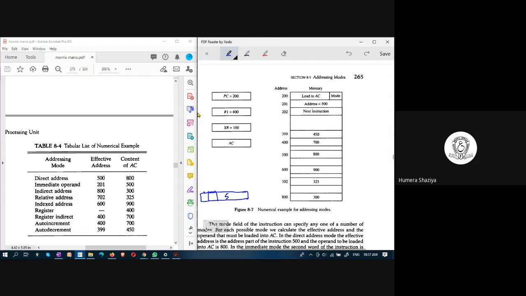If I say instruction has 500 in direct address, what does this mean? Tell me, students.